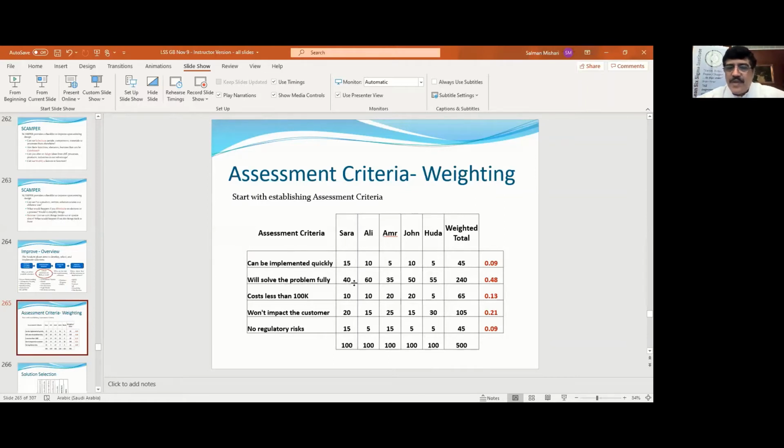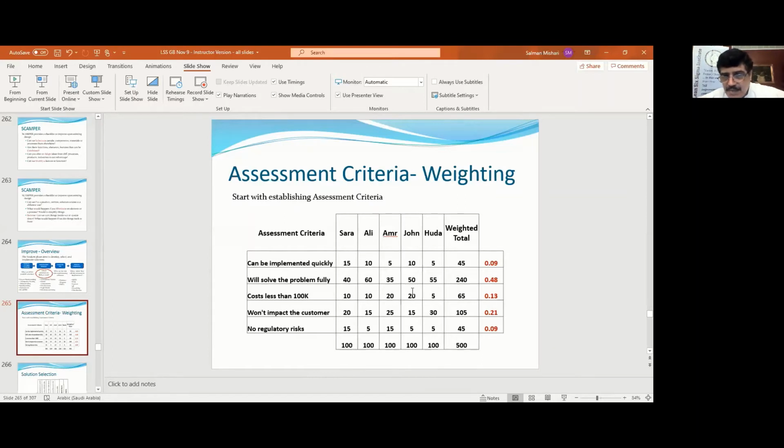So I'll give solving the problem 40 out of 100. I will give quickly 15. I will give this 10 because cost should not be important. That's how she thinks. So she divides her 100 points across the assessment criteria. Ali does the same, Amr does the same, and so on.